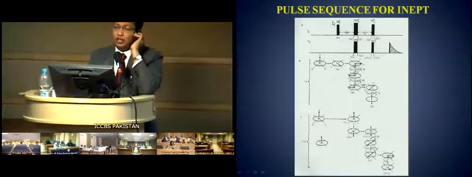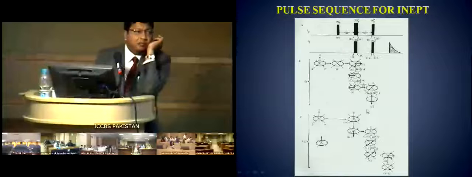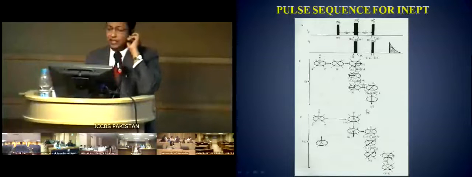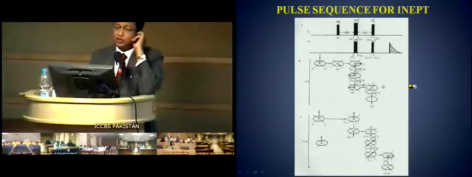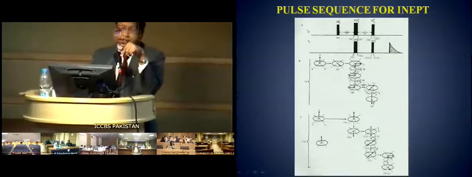By doing all this jugglery, you are actually able to separate them. And this anti-phasing is the population inversion, because you change the sign of one component of the doublet into antiphase.